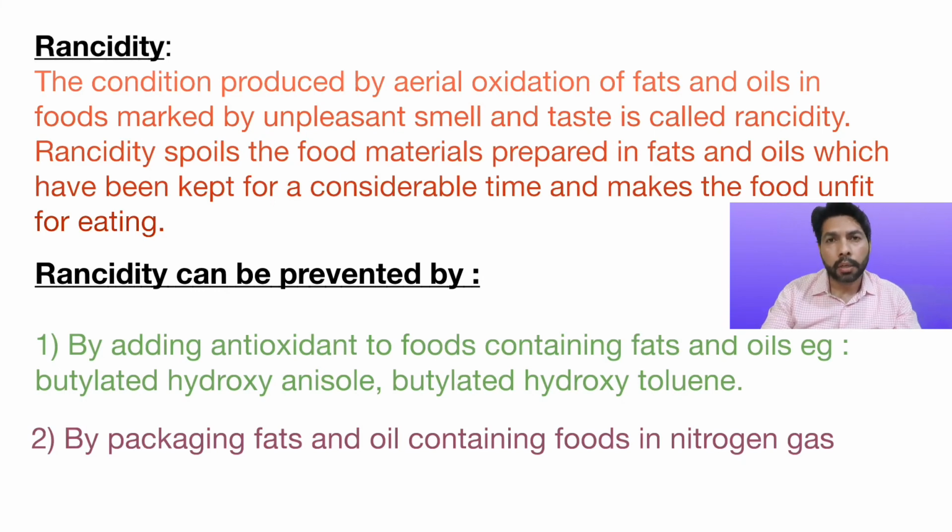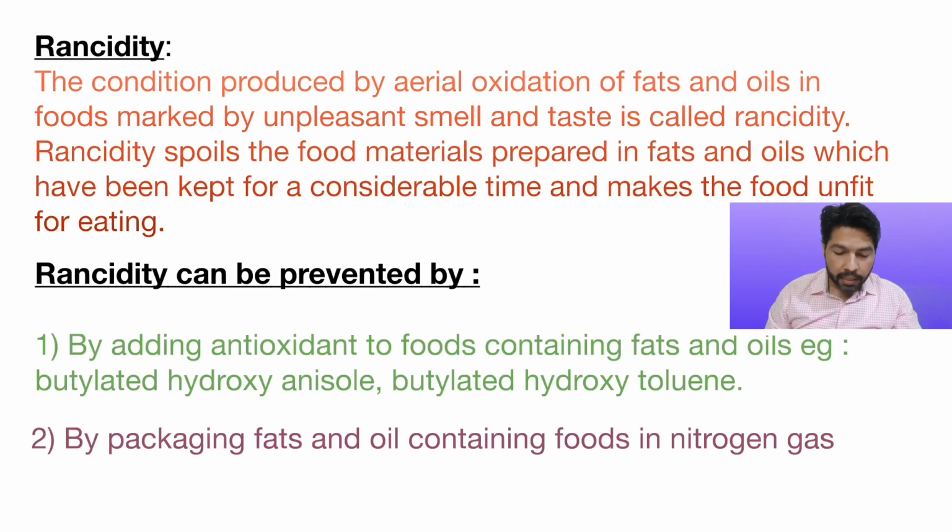They do not allow the food to get oxidized. So this is the basic concept of using an antioxidant in foods. You must have seen mothers or grandparents when they are preparing pickle, they add BHA or BHT in the pickle so that the pickles do not get oxidized or do not get rancid.